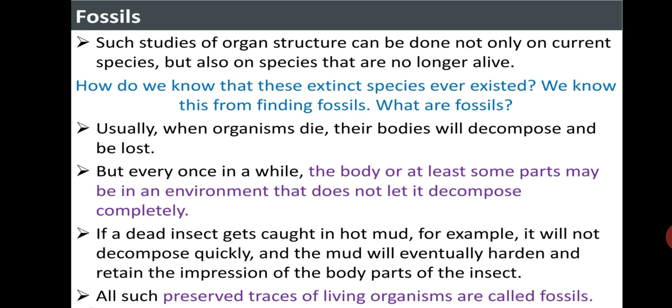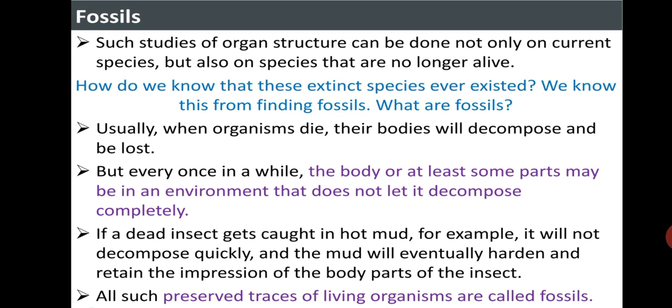Then, what are fossils? Usually, when organisms die, their bodies decompose and are lost. But every once in a while, the body or at least some parts of a body may be in an environment that does not let it decompose completely. If the body of a dead organism gets caught in hot mud, for example, it will not decompose quickly and the mud will eventually harden and retain the impression of the body parts of an insect.